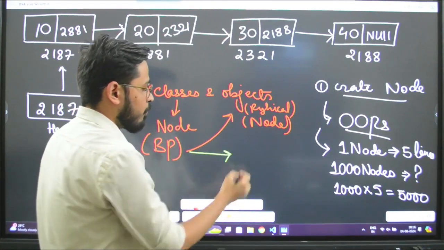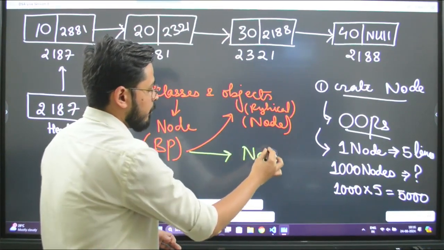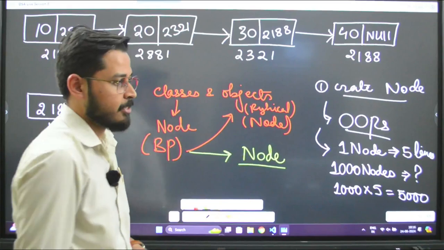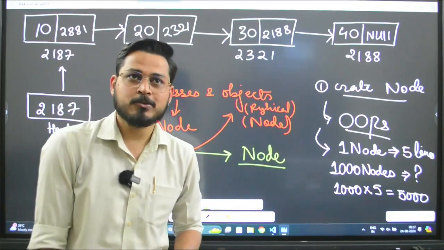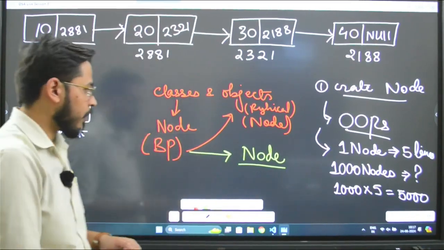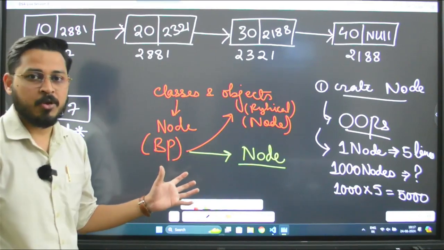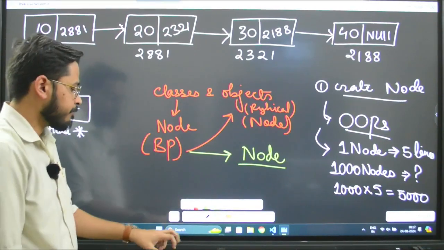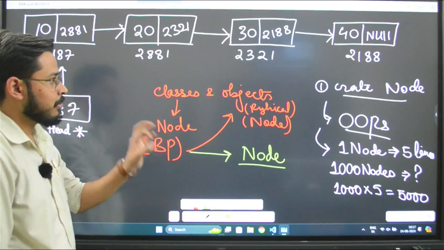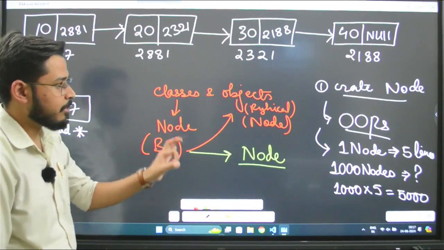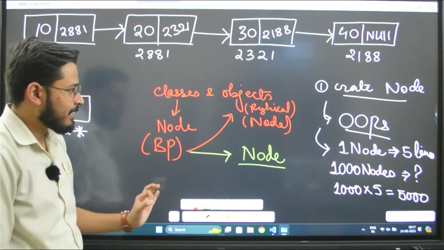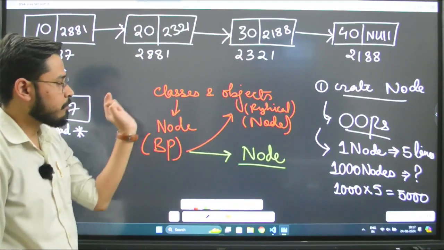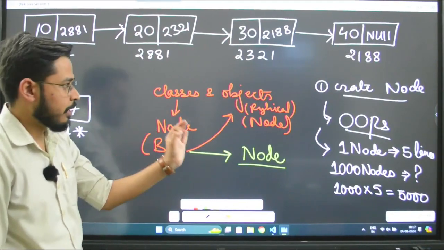Ultimately, with that blueprint, I will be able to create a node. This is the process. I hope you are able to understand what I am trying to say. Ultimately, I have to create a node, and to create the node, I will use object oriented programming and the classes and objects part.